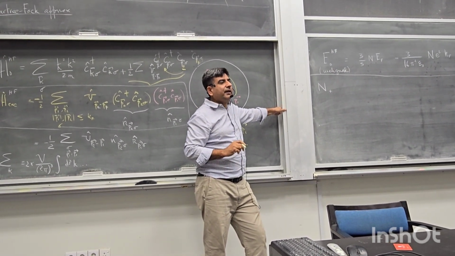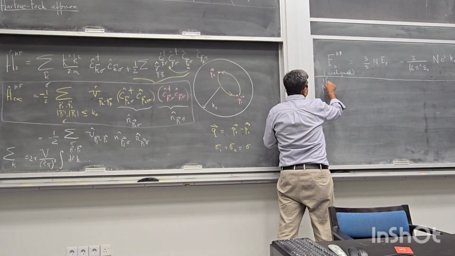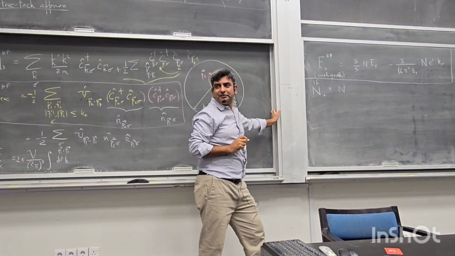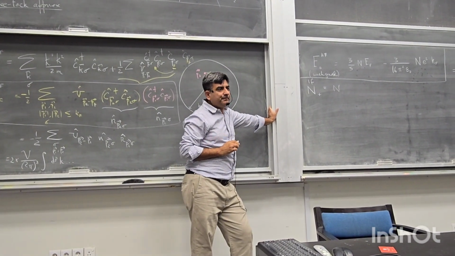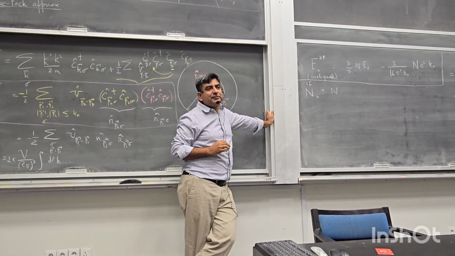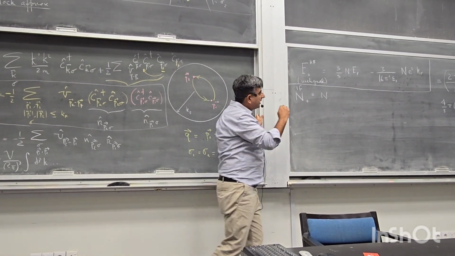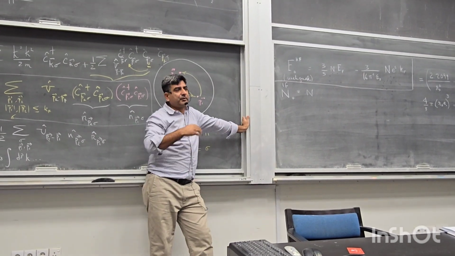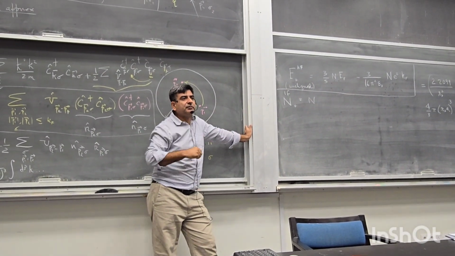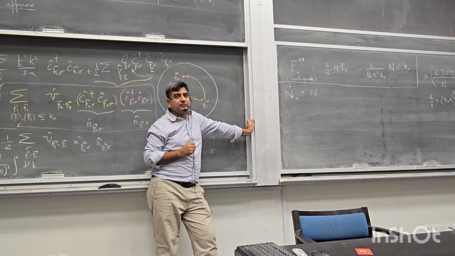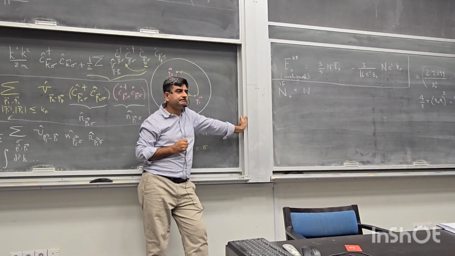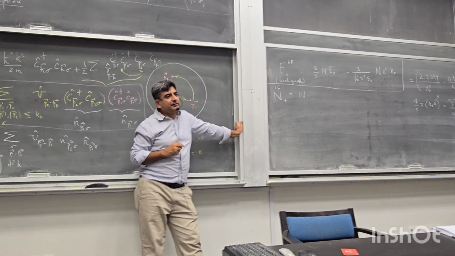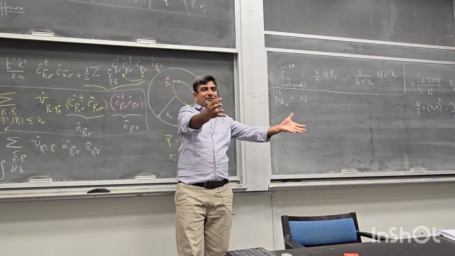Now, if n plus equals n, the same n that we're using here, will these electrons go up to the level EF or kF? Or would they fall short or go beyond? They would like to go beyond.